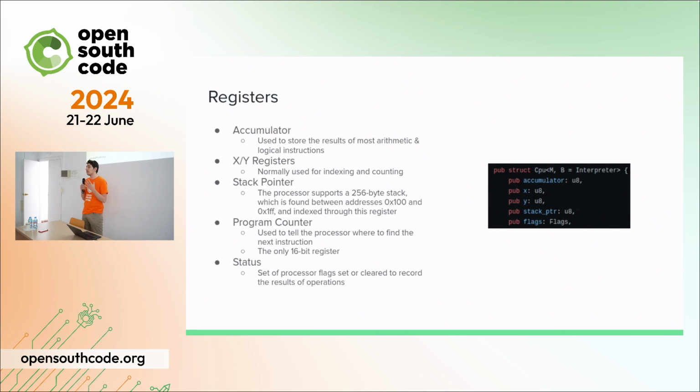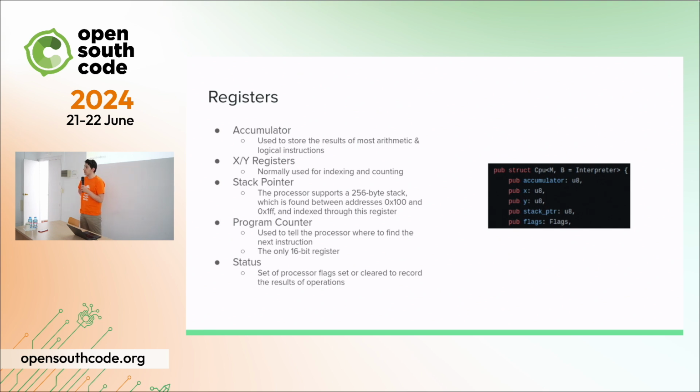The stack on the 6502 actually ranges from address hex 100 to hex 1FF. So whenever the stack pointer has a value of 0, it would be addressing in memory the address hex 100, and whenever the stack pointer is 255, it would be addressing hex 1FF. And we also have the program counter, which is the only 16-bit register of the processor, and essentially just contains the address of the next instruction that we'll want to execute.